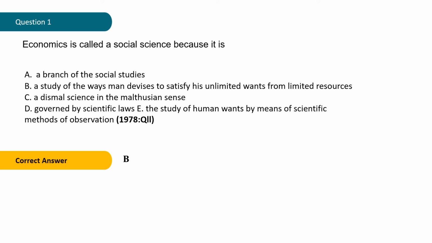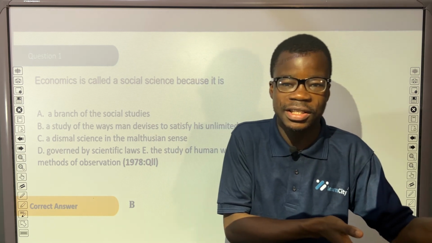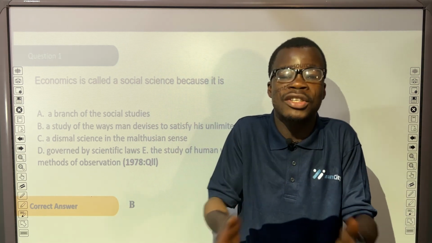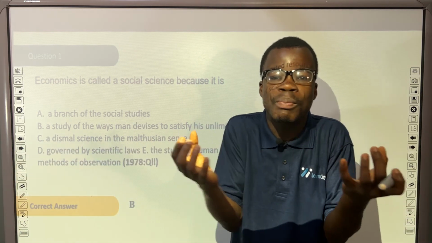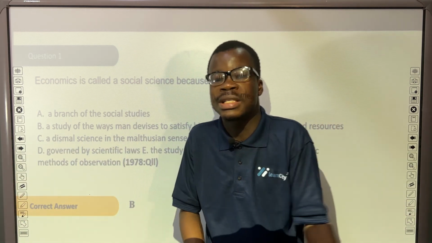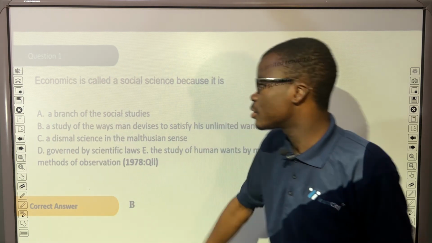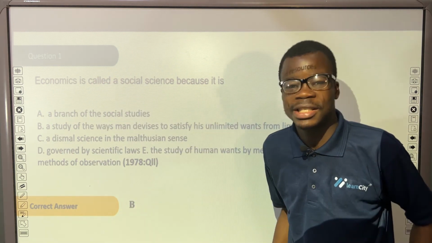Because there are unlimited wants, unlimited needs, but there are limited resources. The resources are scarce. So in order to satisfy and bring to a point of equilibrium these unlimited wants and limited resources, they give birth to economics as a social science.